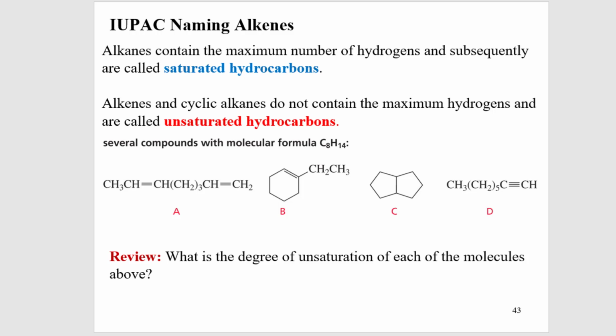alkenes. So alkanes, as we mentioned, are saturated hydrocarbons. They're carbons that have the maximum number of hydrogens on them for that given number of carbons. Unsaturated hydrocarbons mean that they have either a ring or a pi bond.